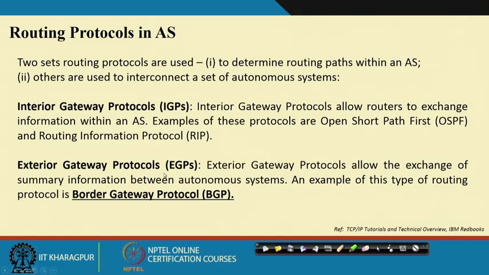Exterior gateway protocols, EGPs, follow a path vector protocol and allow exchange of information across autonomous systems. One of the popular protocols for EGP is the border gateway protocol or BGP. So, today we will discuss the basic features of the BGP protocol.